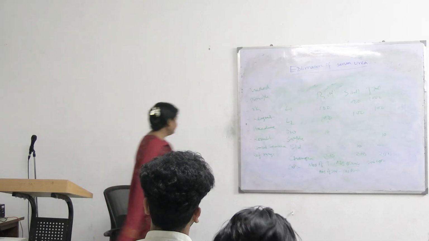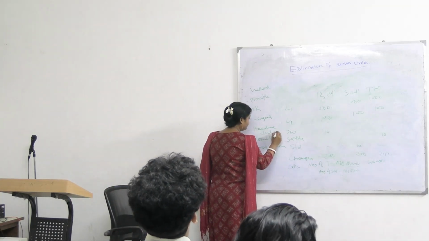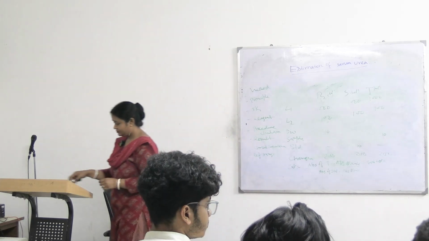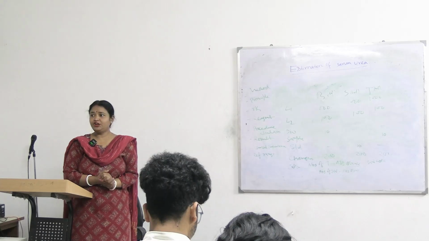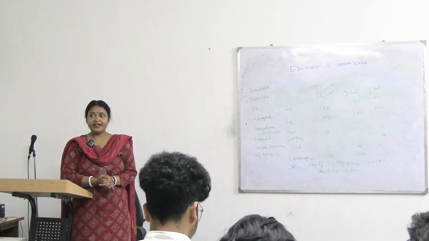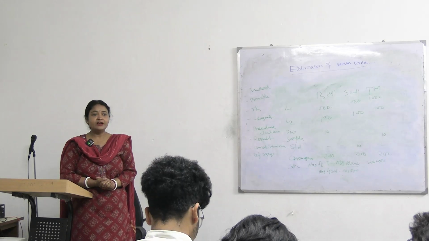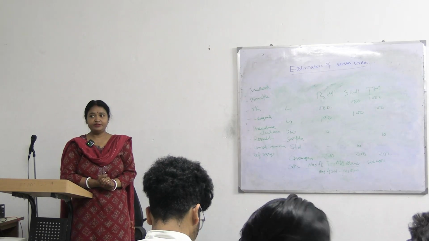I missed something. In procedure, after that there will be calculation. How are you doing it? In the result, surely you have to write how much you are getting, and for concentration and absorbance you have to be very specific. Don't write that concentration is absorbance or absorbance is concentration, that is a separate thing.